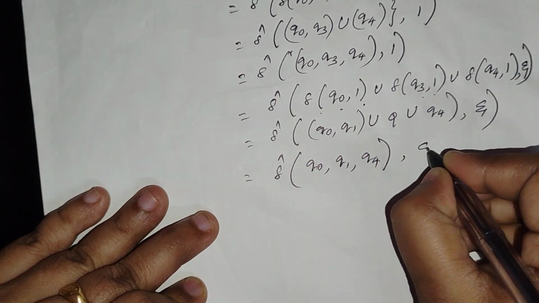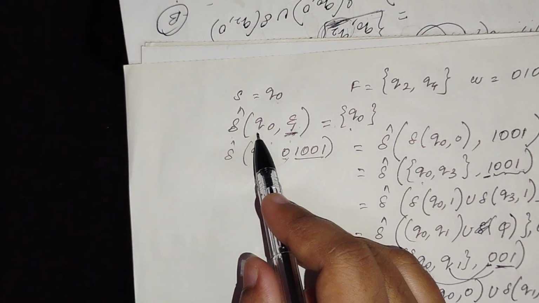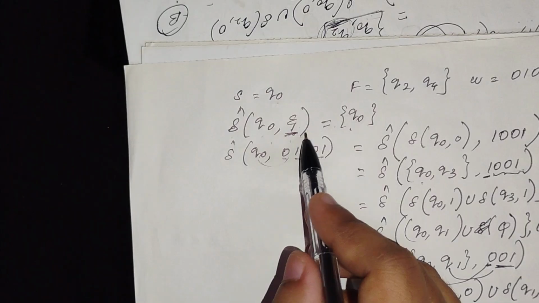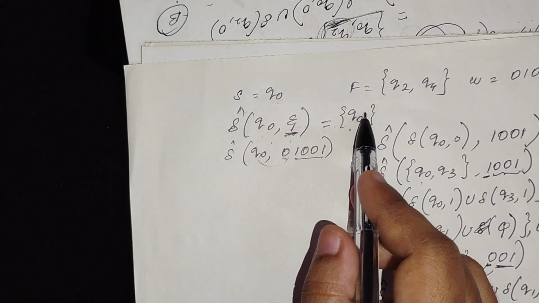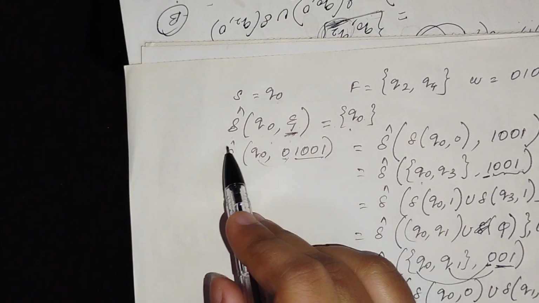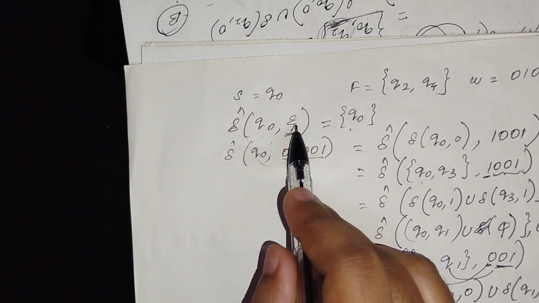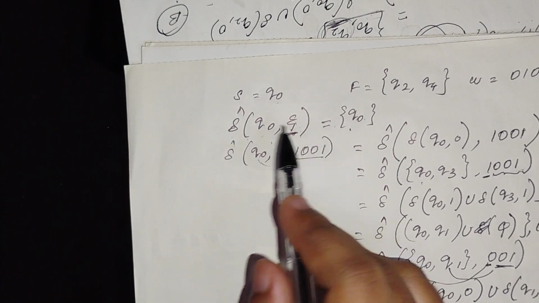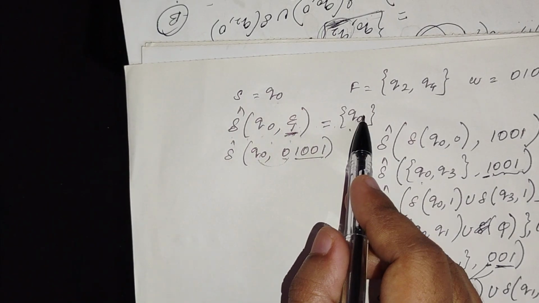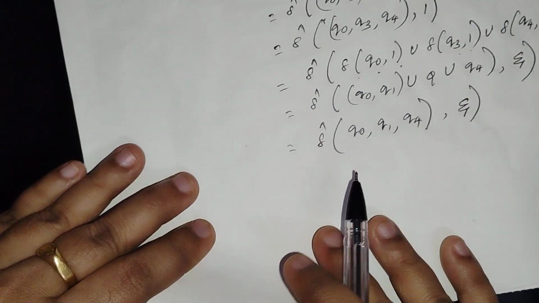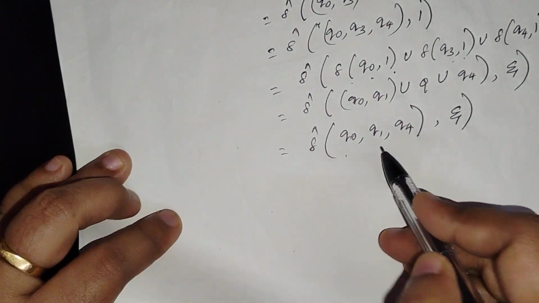At first we saw that δ^ of a state with the empty string stays in the same state. Q0 with no input symbols to read remains in the same state Q0. Likewise, for {Q0, Q1, Q4} there are no symbols; we have completed and found all the transition functions for the string. So δ^ of {Q0, Q1, Q4}, ε means it will be in the states Q0, Q1, Q4.